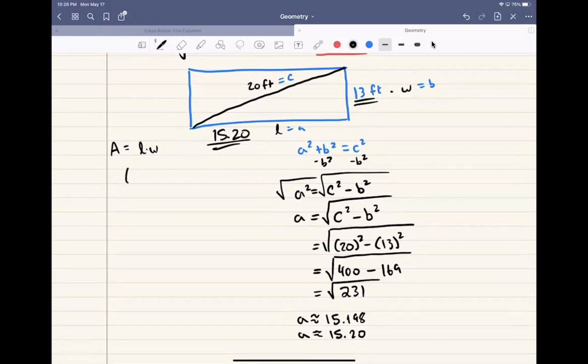That's what our area is going to be. So our area is approximately 197.6 feet squared.